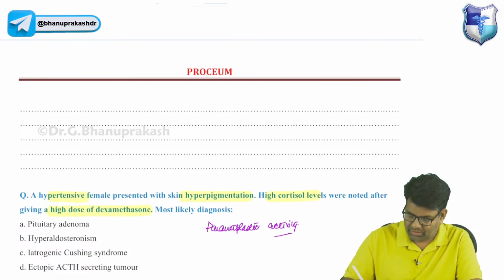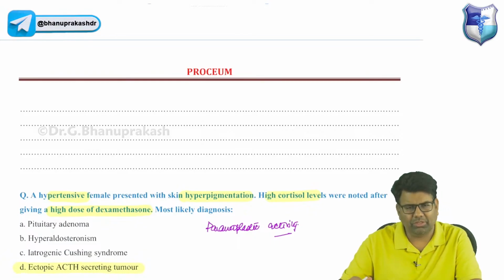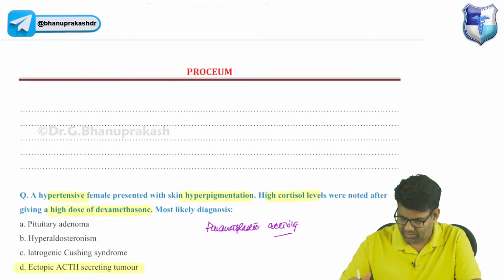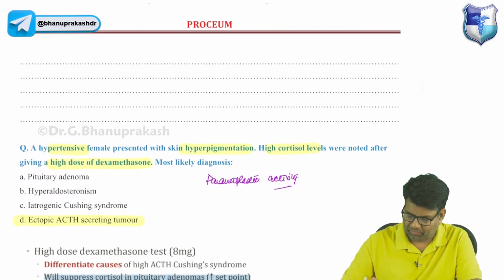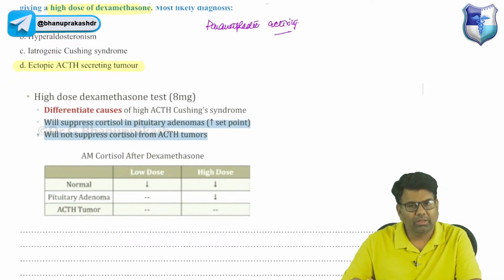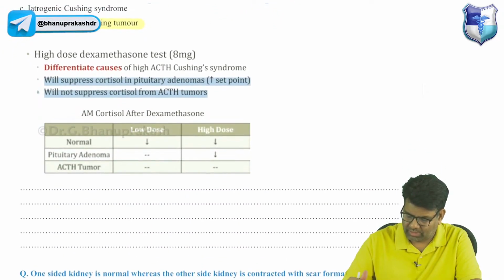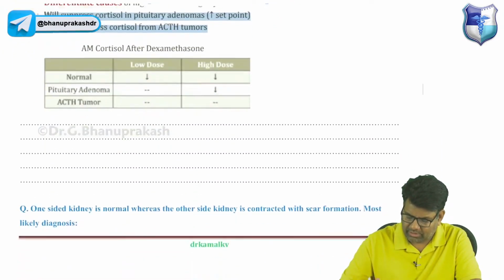So it is coming from some other place, and that is an ectopic ACTH secreting tumor. So this is again a paraneoplastic activity. Normally if we give a high dose of dexamethasone, it should suppress the axis. So if there is no suppression, this is ectopic ACTH secretion, no response to high dose dexamethasone test.